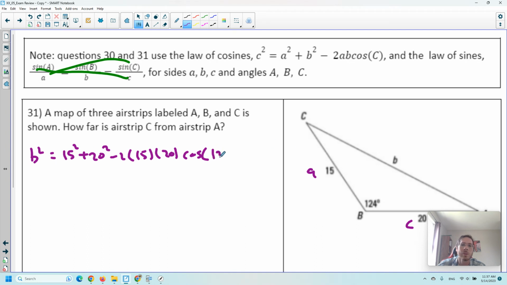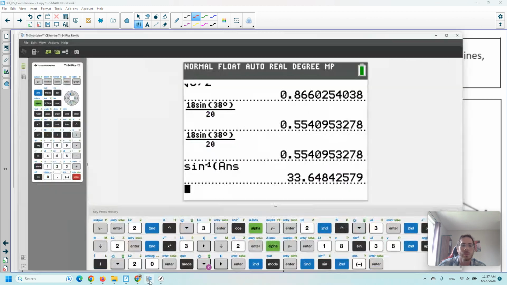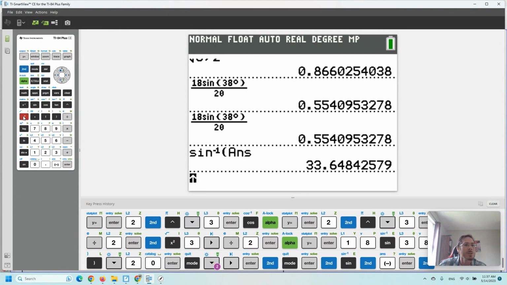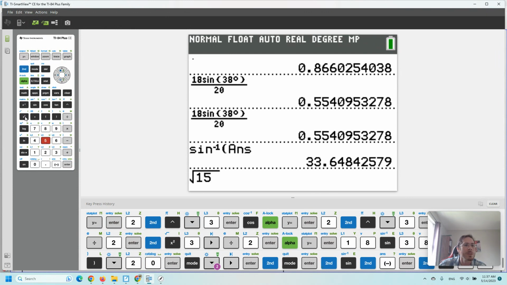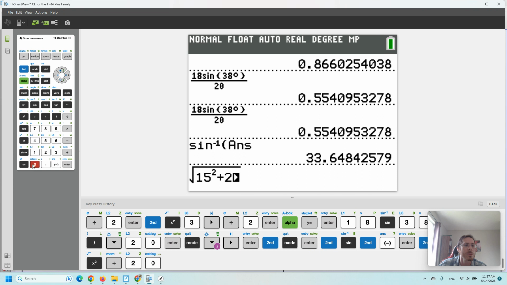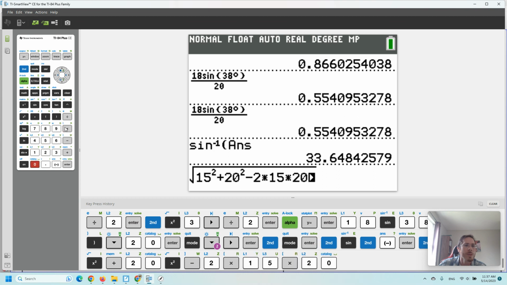So 124 degrees. And again, we have to be in degree mode for this one. I want to find B, so I'm going to square root both sides to get B by itself and type this in as a big square root. So second square root 15 squared plus 20 squared minus 2 A B cosine of theta.